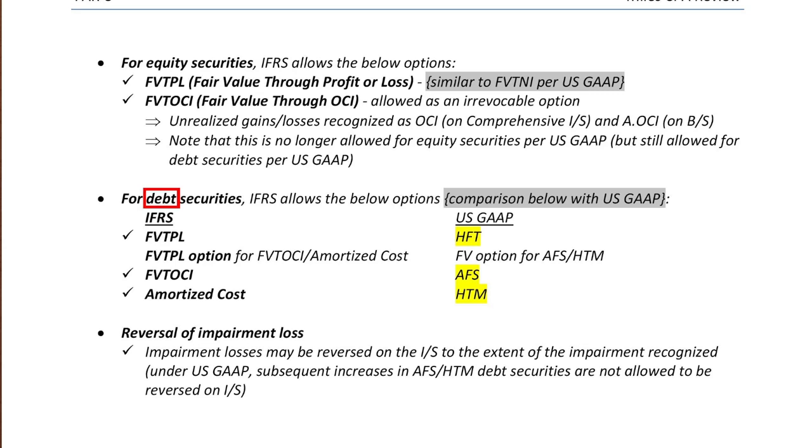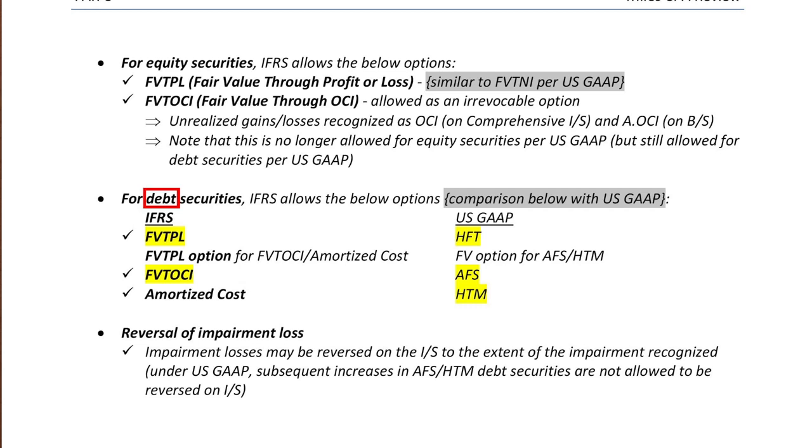Under IFRS, for held for trading securities, we call them fair value through profit or loss, where the security is at fair value on the balance sheet and any gains or losses, whether realized or unrealized, is recorded on the profit and loss account, basically the income statement. AFS, or available for sale debt securities under US GAAP, they are fair value through OCI under IFRS.